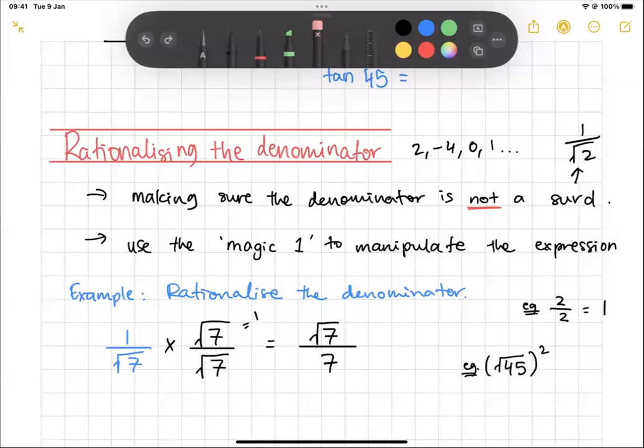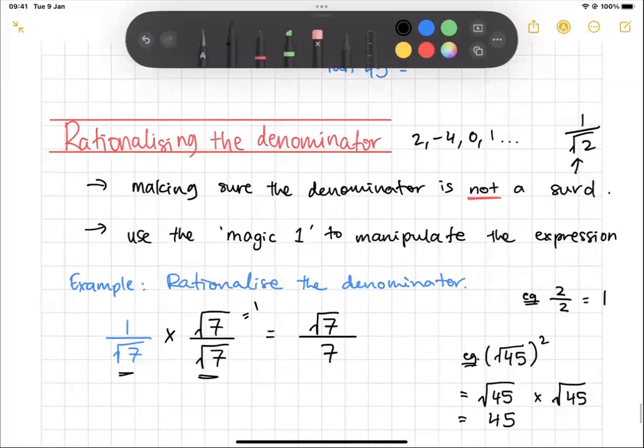I'm going to break it down as square root 45 times square root 45. That's what a squared means, because there are 2 square roots, just like what we've done here, square root 7 times square root 7. This equals 45. It's a rule, yeah? So that is how I rationalize the denominator.